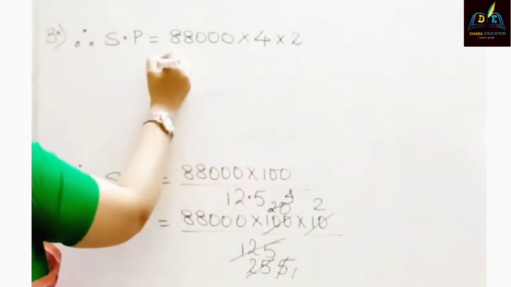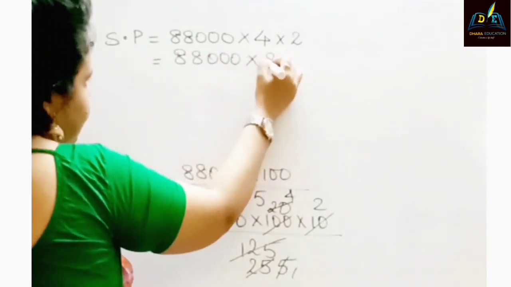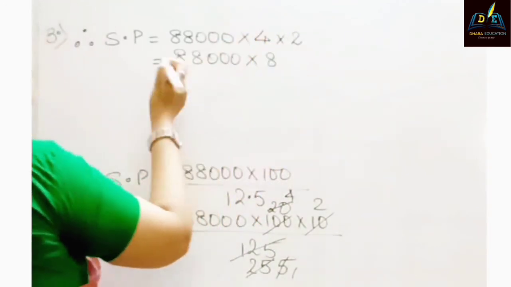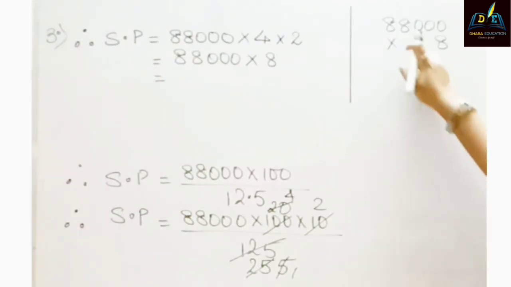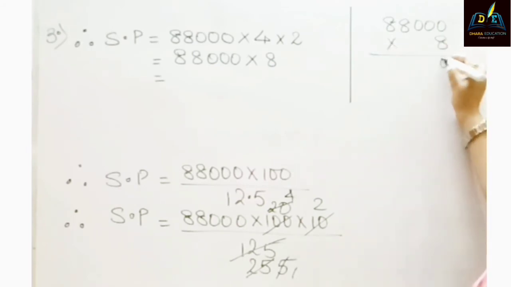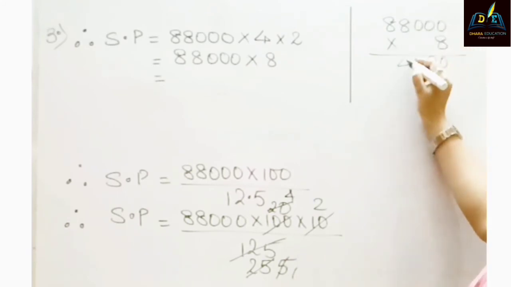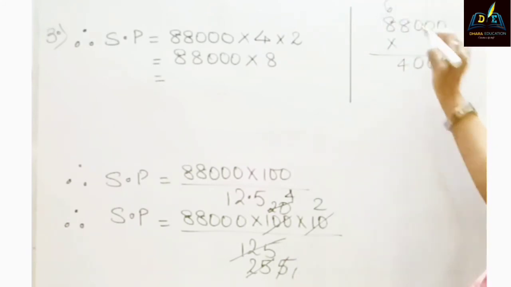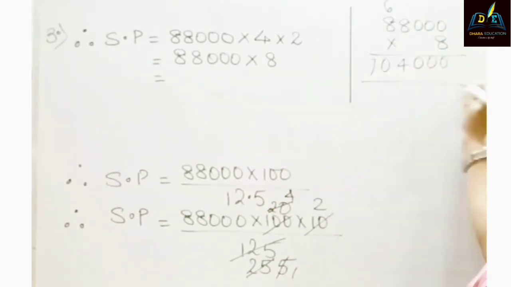So 88,000 multiplied by 8, since 4 2s are 8. Now 88,000 multiplied by 8: 8 zeros are 0, 8 zeros are 0, 8 zeros are 0, 8 8s are 64, 64 plus 6 gives you 70. So 7,04,000.